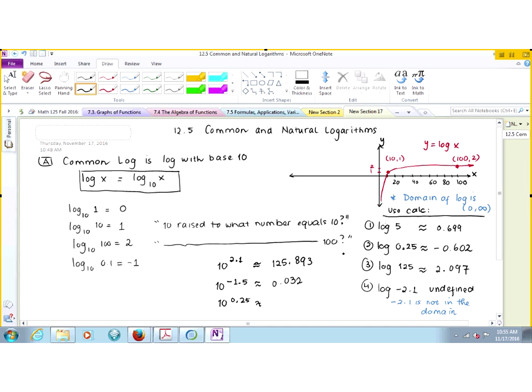So what is your log? Log, okay. So you guys do log. Log of what? So you click enter log of 5, and then you log again.